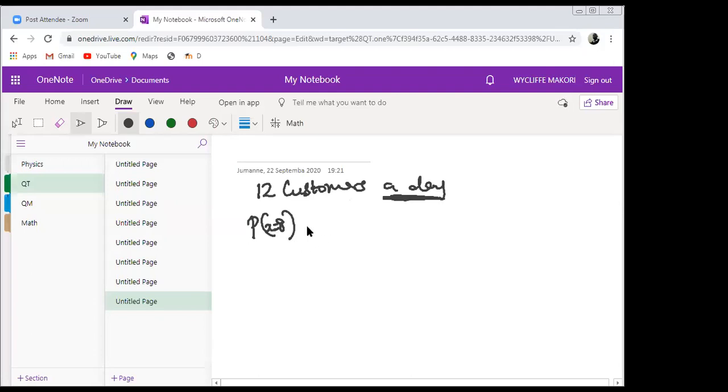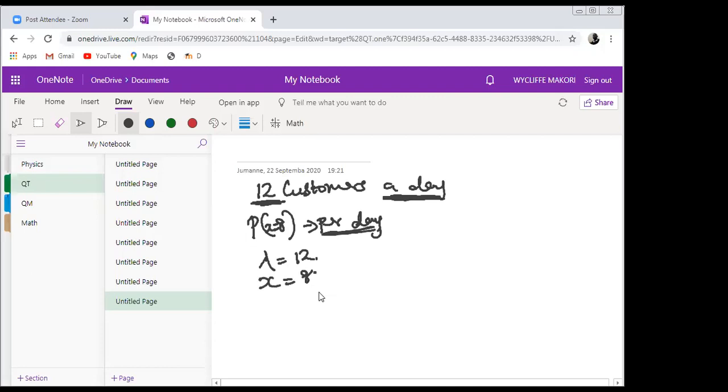So because this question is also per day, then this figure is going to be our lambda or mu directly, because it is per day here, and here we are asked per day. So our lambda is going to be 12. Our x is 8.